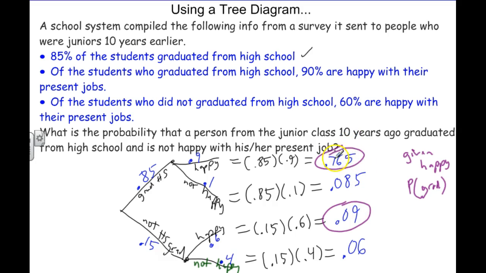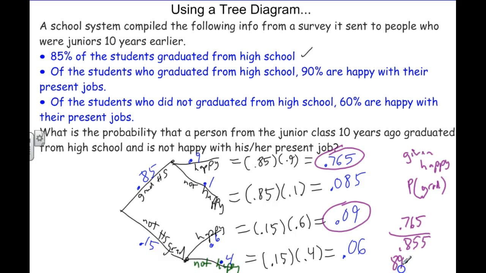If I add those two up, 76.5 plus 9 is 85.5%. So in the denominator here, we have 0.855. Of those folks, all 85.5% are happy, but I only want the folks who graduated high school, so that would be 0.765. So I would take 0.765 divided by 0.855.